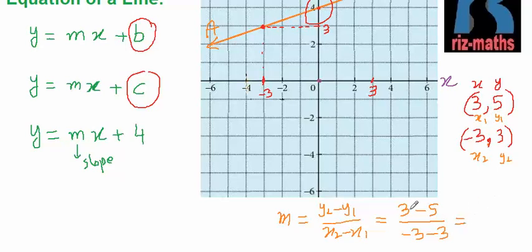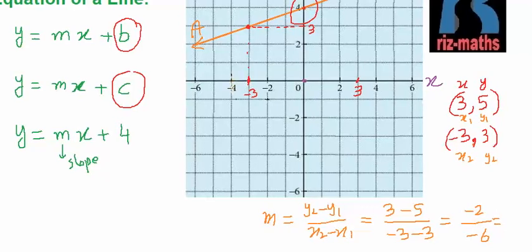So this becomes 3 minus 5, which is -2, over -3 minus 3, which is -6. You can use your calculator here. If we simplify this, it is equal to 1/3. So the slope or the gradient m is equal to 1/3.